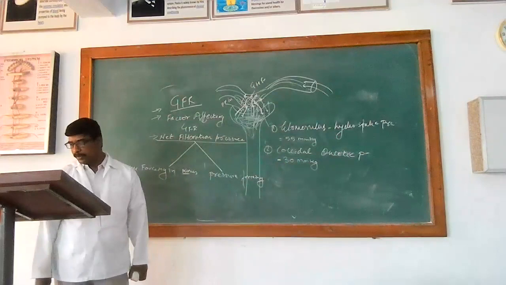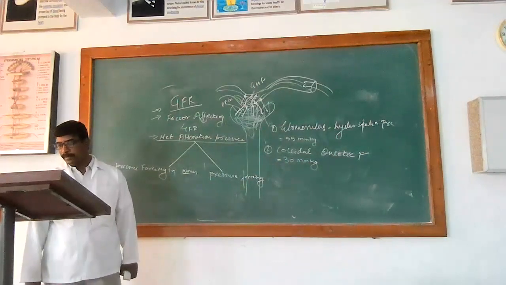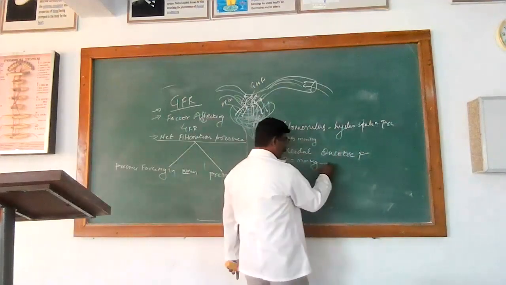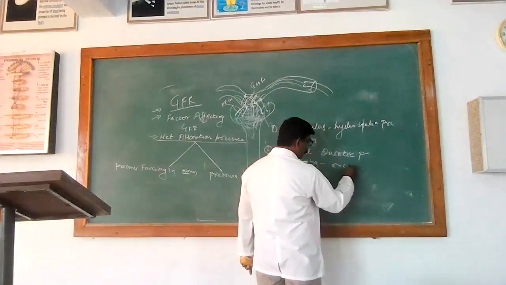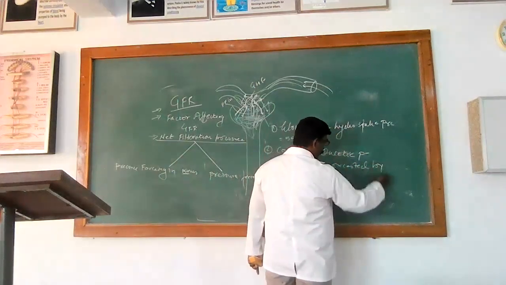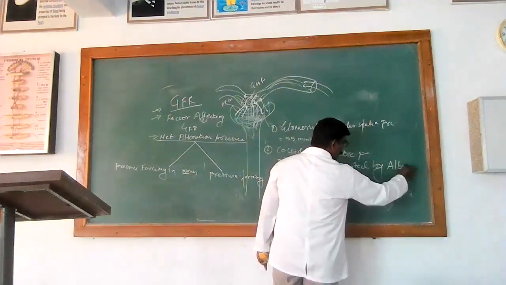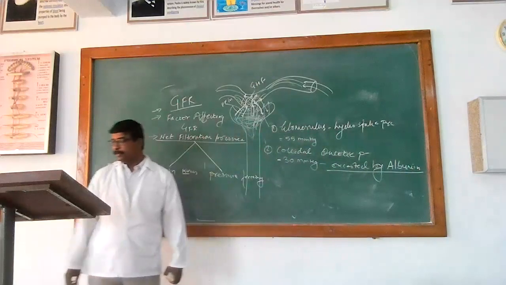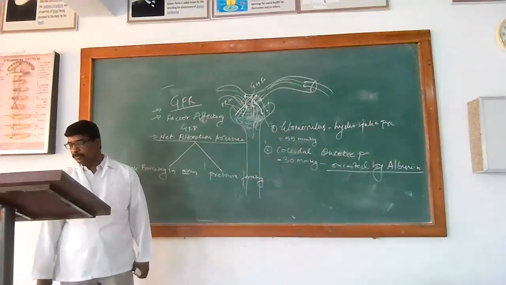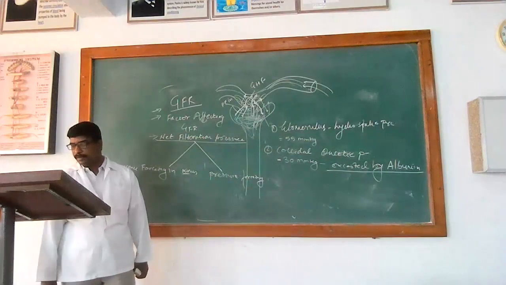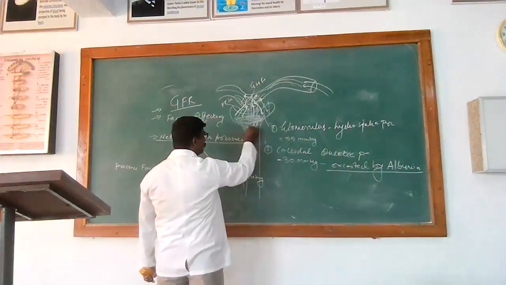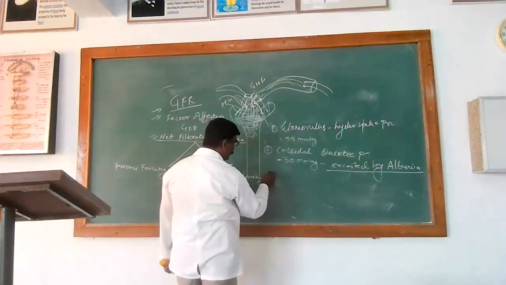This colloidal osmotic, oncotic pressure is exerted by the albumin. Number three is fluid flow through the funnel-like space, which is called the capsule hydrostatic pressure.